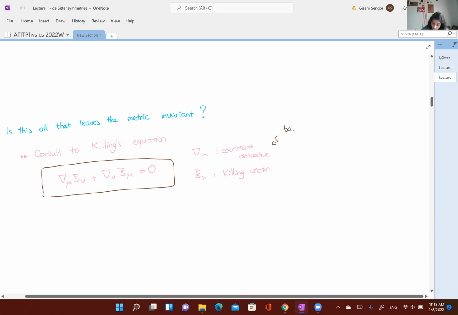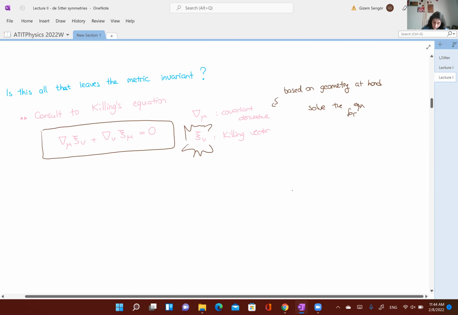So this is based on the geometry at hand. And you solve this equation for these psi mu's, the components of the Killing vector. This gives you all the isometries, all the coordinate transformations that keep a metric invariant.